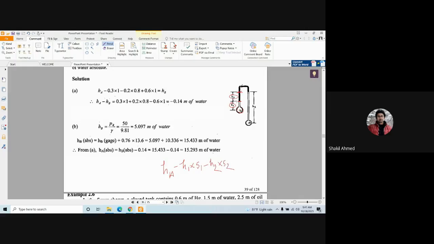Now this and this cancel out. So you are here, now going downward. It is H3, downward means positive. So H3 into S1, remember that this liquid and this liquid are similar. H1 and H3 liquid is similar, so S1, S1. Clear? Yes, sir. Now equals to HB.